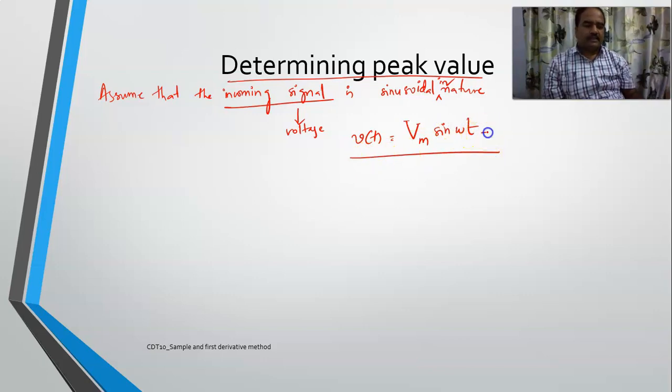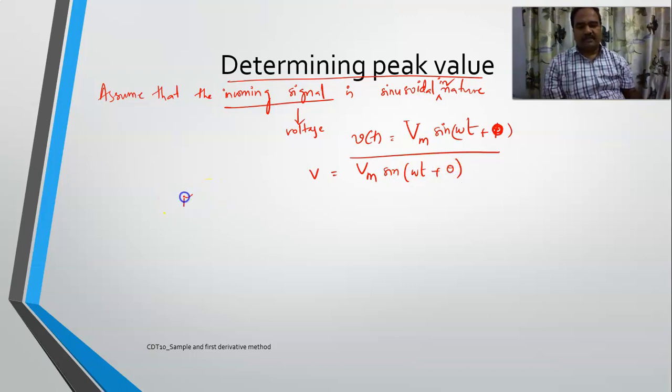Let us suppose I'll take the phase value also, so this is omega t plus theta. So this is my signal, and I'll represent it as V equal to Vm sin(omega t plus theta).